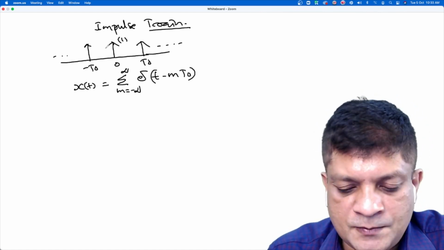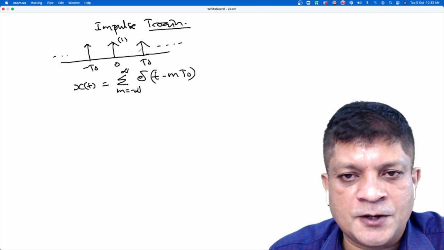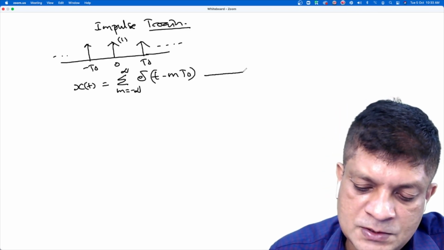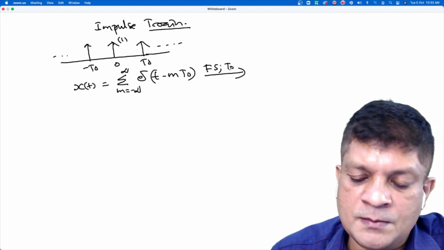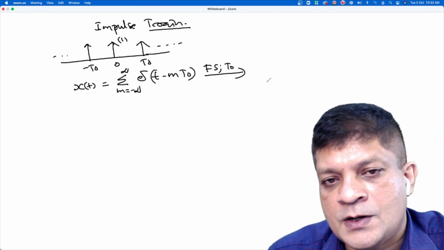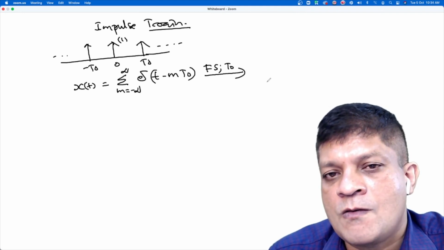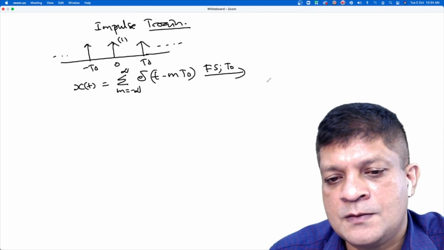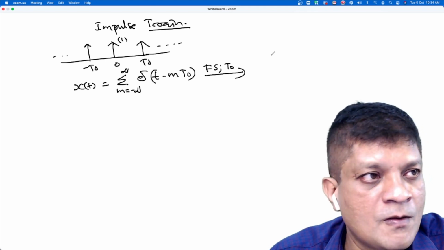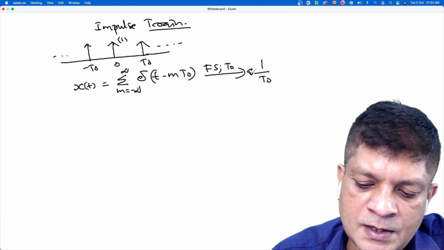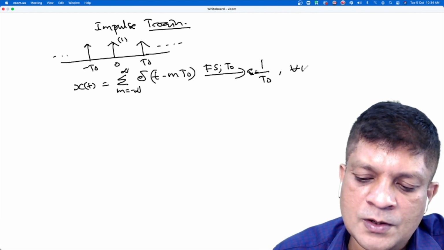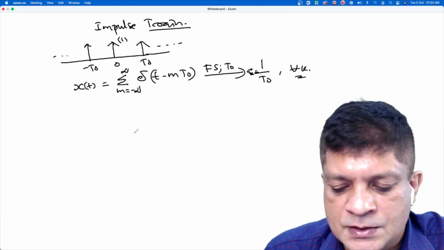That is the expression for that impulse train. What are the Fourier series coefficients with respect to its fundamental period t naught? 1 by t naught for all k. Those are the Fourier series coefficients.